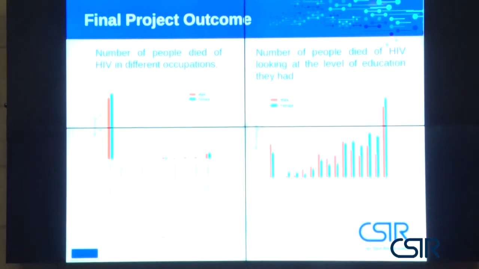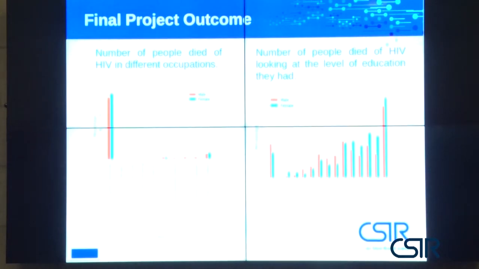On this one, we also looked at occupation. Say we wanted to see if a certain occupation affects the kind of diseases that a person has. But here, as we can see, most of the diseases were unspecified, because HIV can affect anyone, so it doesn't matter which occupation you have.